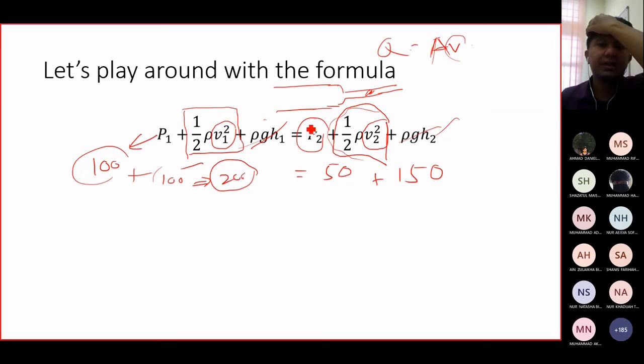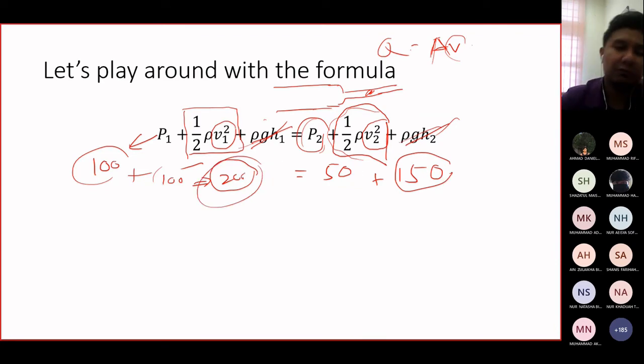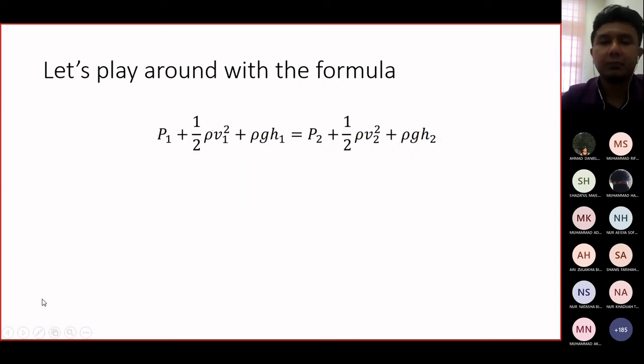So we say that when pressure decreases, the velocity will increase, provided this is at the same level. When pressure decreases, speed must increase to balance the value of 200. We just try to play it around without proper calculation.